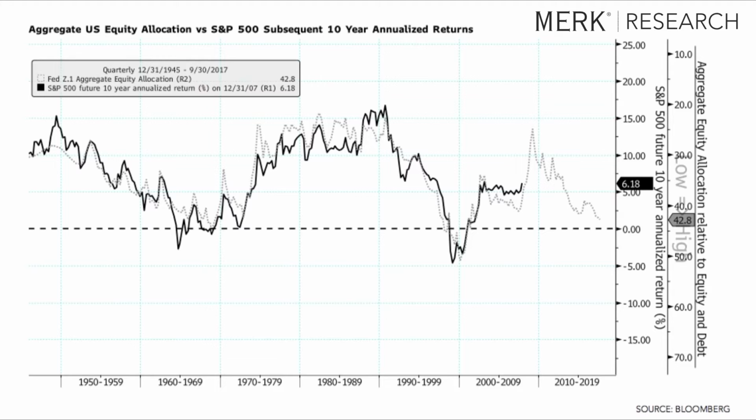Now, let me put this in the context of what else is out there that's like this. So some analysts, particularly sell-side analysts, like to use PE ratios. Some analysts like to use the so-called Buffett indicator, which is basically U.S. equity market cap divided by U.S. GDP. I think this indicator is better than those for a few reasons. One reason is because the data is very robust.